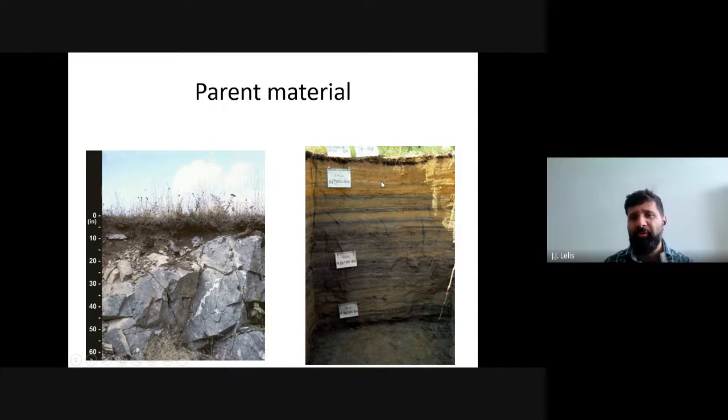So we have different conditions of transportation, deposition, or formation of these materials. And it's quite important to understand how they were eroded and deposited, because it helps a lot to understand the evolution of the landscape. It's why the paleosols are so important to us, because they help us a lot to understand how the landscape evolved during time. Okay?